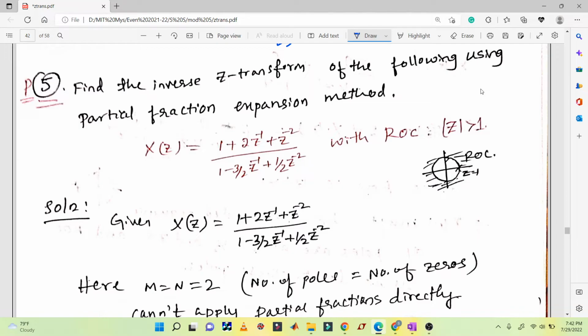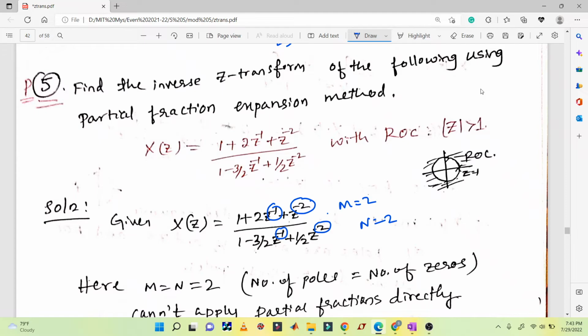Okay, let us move on to the next problem, which is very important in terms of application of the knowledge you have already learned. Here you can see clearly there are two zeros, m is equal to 2, and two poles, n is equal to 2.